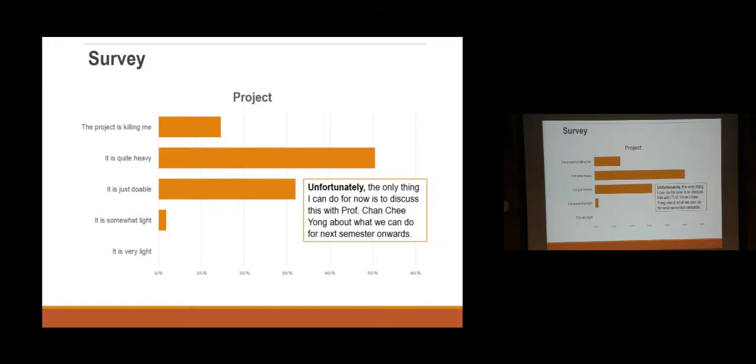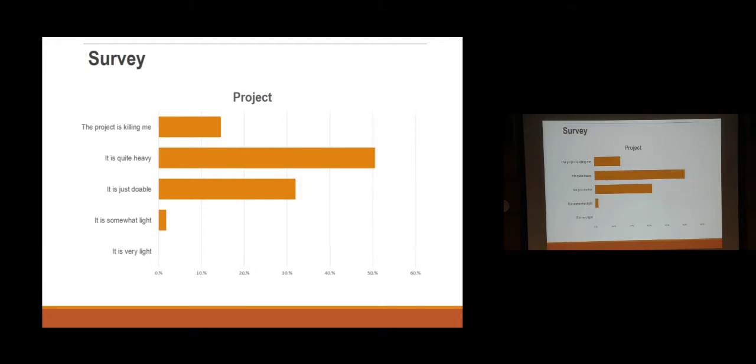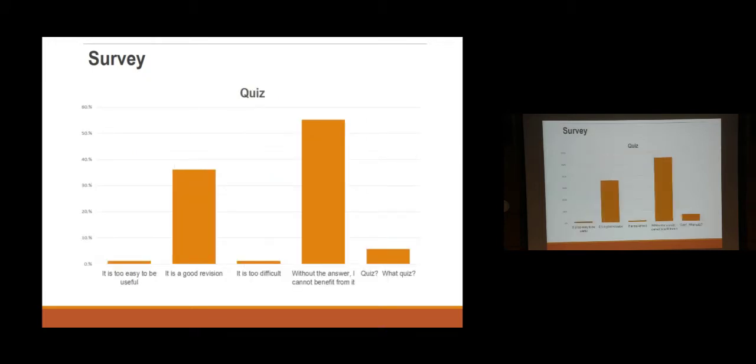So that was the main part about this survey. The other one is about the quiz. There's a split here: one says it is a good revision, and the other says that without the answer, I cannot benefit from it.